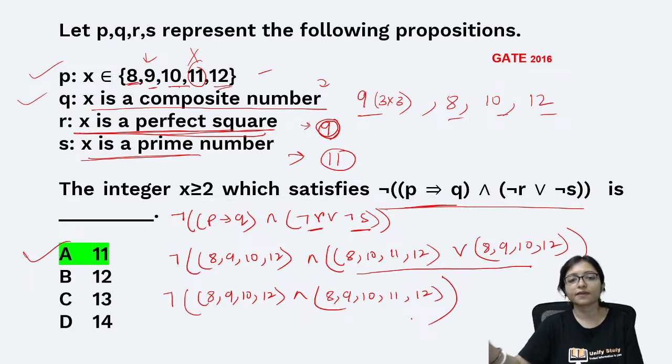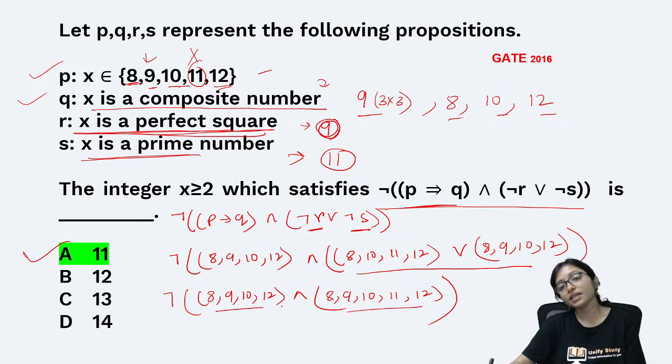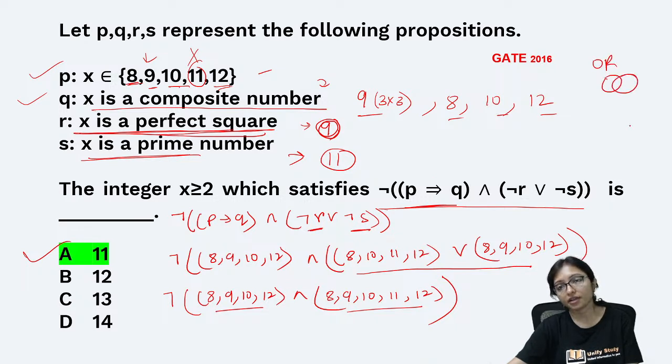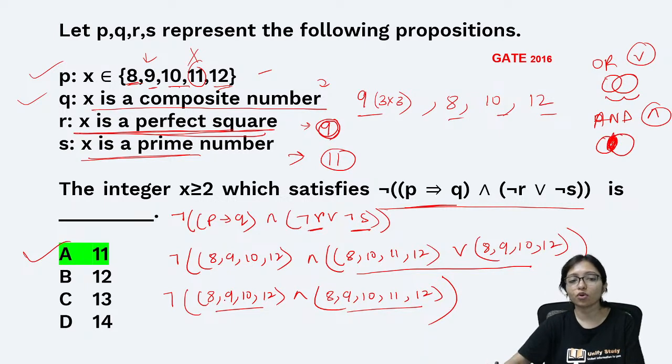Everyone is coming here. Now from here, and means only the common; or means union, and means intersection, only the common, right? Or means I take together, and means I take only the intersection, that is only the common part.